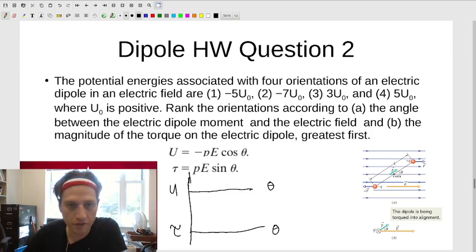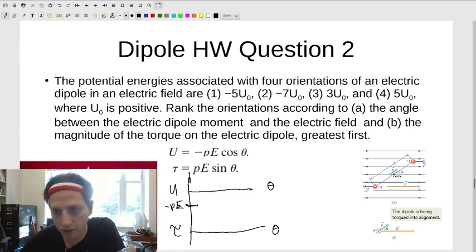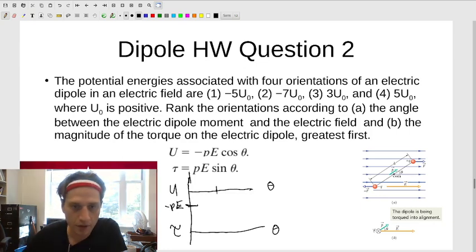So our energy versus our orientation starts at some negative value, minus PE, when my dipole moment is totally aligned with the field, when P is pointing in the same direction as E. It goes to 0 by convention when we're at 90 degrees, or pi over 2.